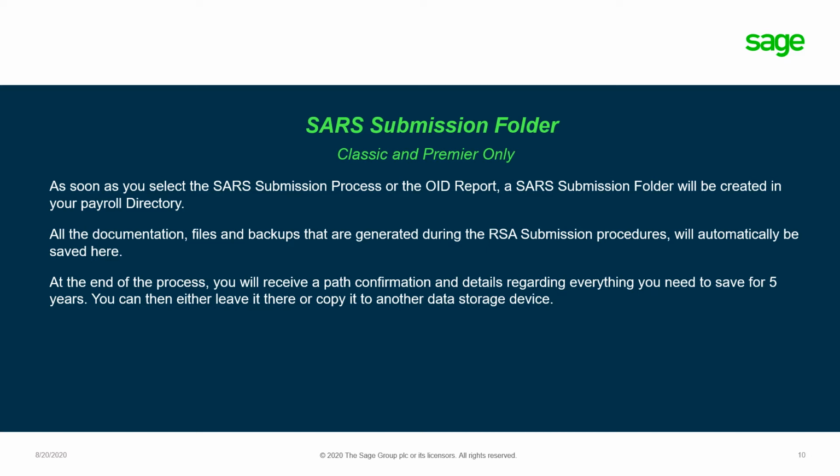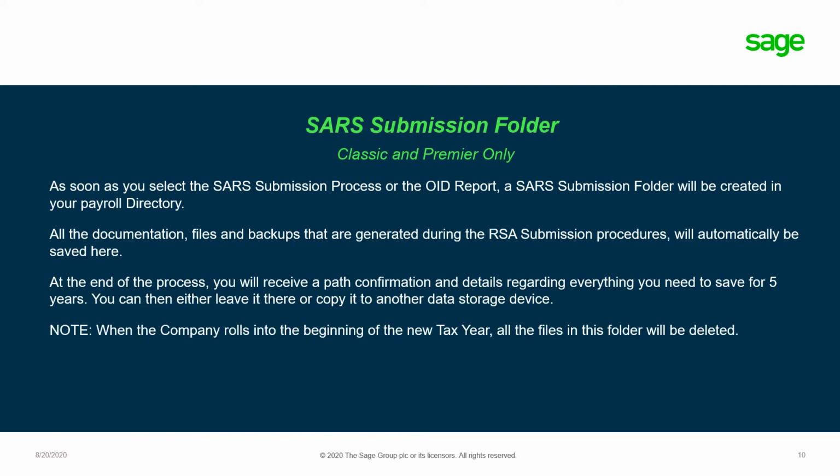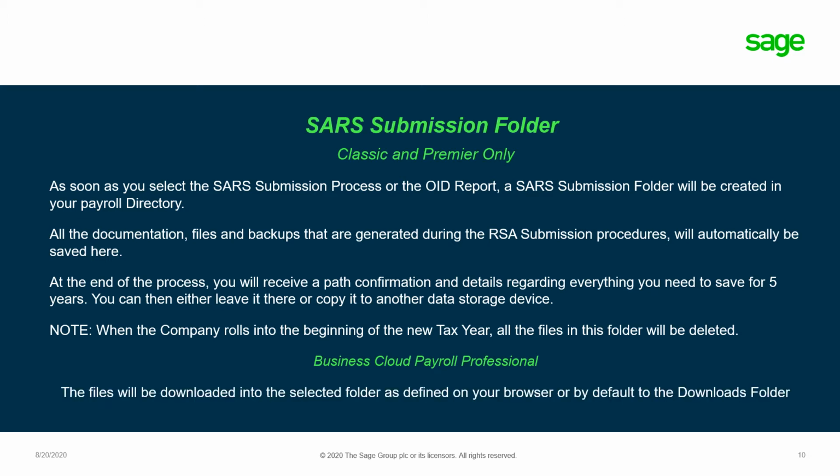You can then either leave it there or copy it to another storage device. Note, when the company rolls into the beginning of the new tax year, all files in this folder will be deleted. For Business Cloud Payroll Professional customers, the files will be downloaded into the selected folder as defined on your browser or by default to the Downloads folder.